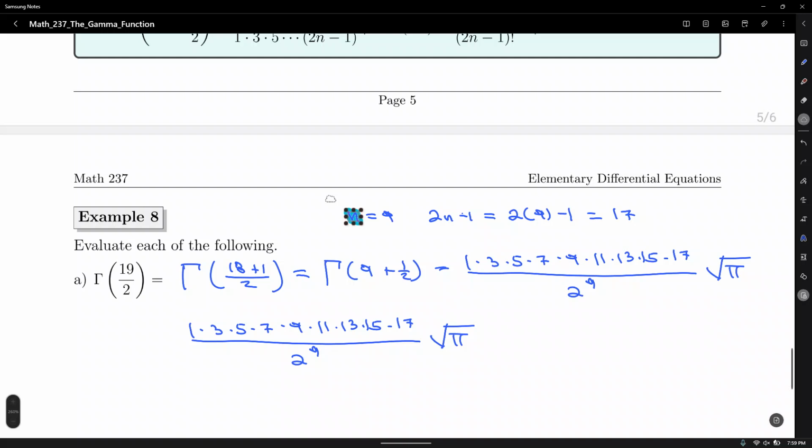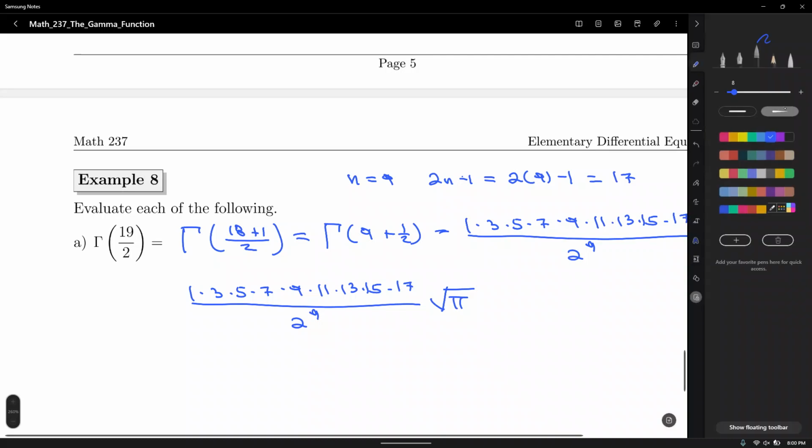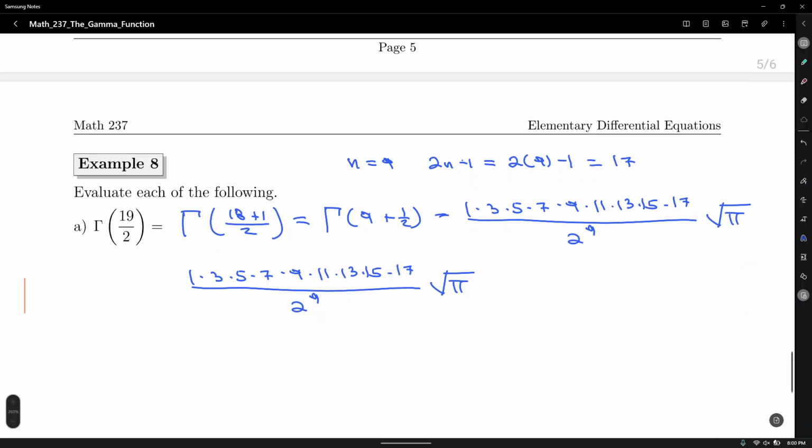So what about the product of integers in the numerator? Well, that looks a lot like the factorial, but it is not a factorial. We can make it look like a factorial if we had the 2, the 4, the 6, the 8, etc. We don't have them, but we can multiply by those numbers. So let me write it down.